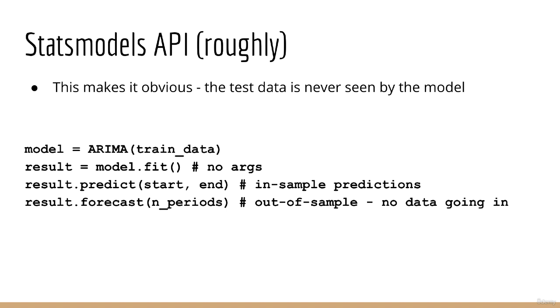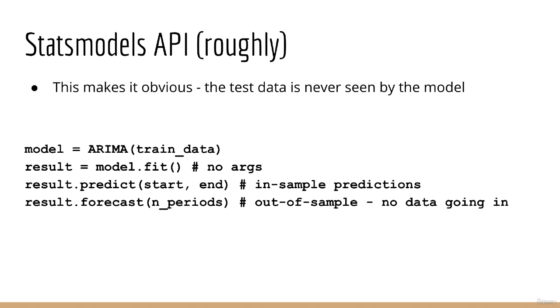Note that this is obvious when you consider the API for statsmodels. As you recall, it works something like this. First, you create an ARIMA model. When you call the ARIMA constructor, you pass in the training data. Then you call model.fit, which takes in no arguments. Later, when you want to get your in-sample predictions, you call result.predict.